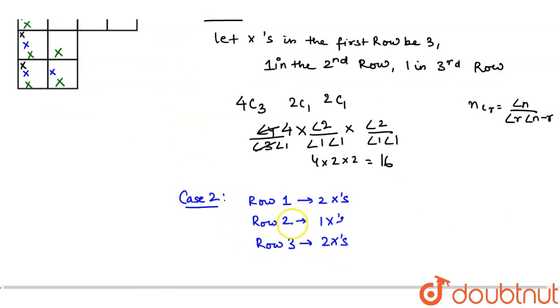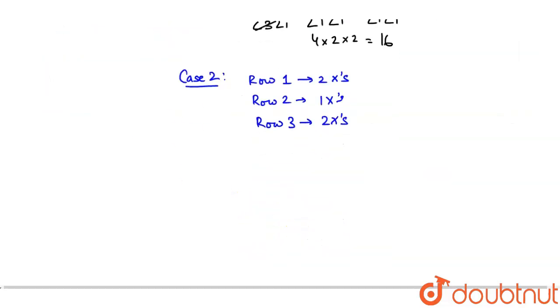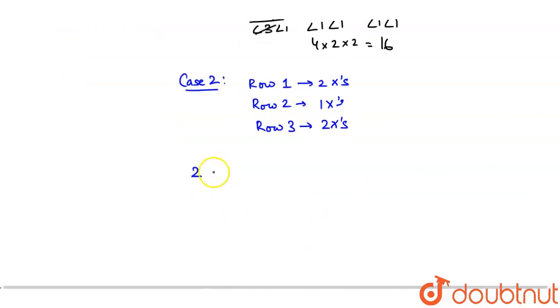As I told you, you can use the vice versa in row 2 and row 3, so there would be 2 possibilities in this case. So we are multiplying by 2 first. There are 4 boxes in the first row and we are selecting 2 boxes. So this would be 4c2. And there are 2 boxes in the second row and we are selecting 1. So this would be 2c1. And row 3 is fully occupied, so into 1.